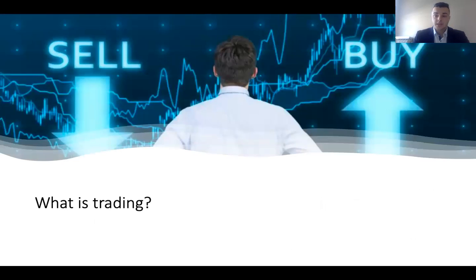But let's not rush and begin step by step with what trading actually is. Trading is simply the act of buying and selling an asset. It can be a financial security like stocks, bonds, a financial ownership of a country or government financial debt, or a physical, tangible asset like commodities.